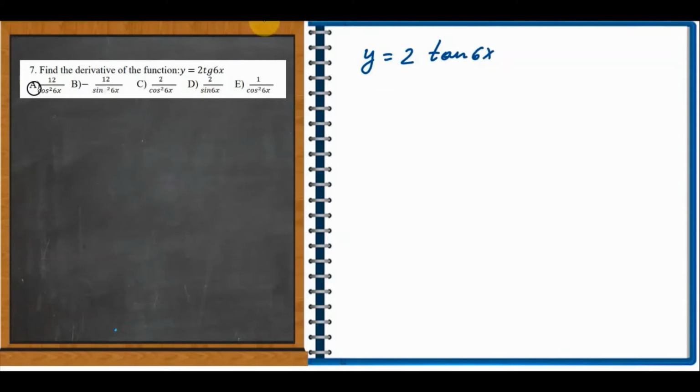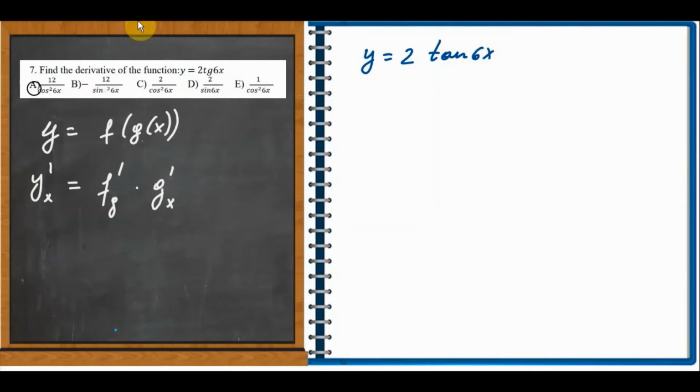Here we need to remind the formula of composite function. When we have y equals f of g of x function, the derivative of y with respect to x equals the derivative of f with respect to g multiplied by the derivative of g with respect to x.